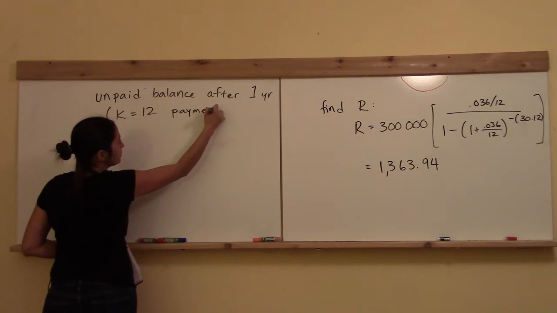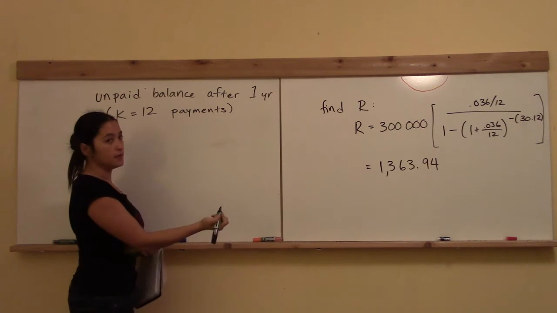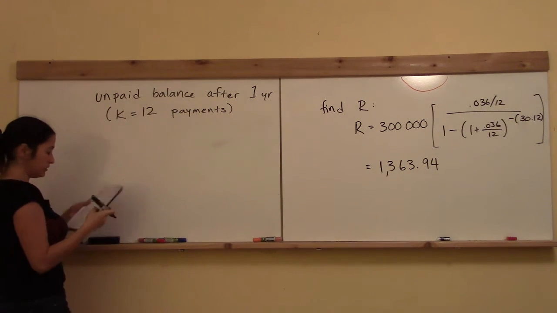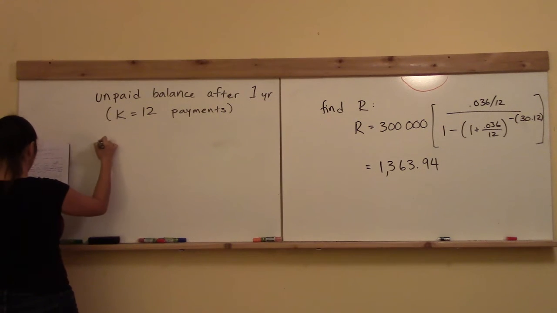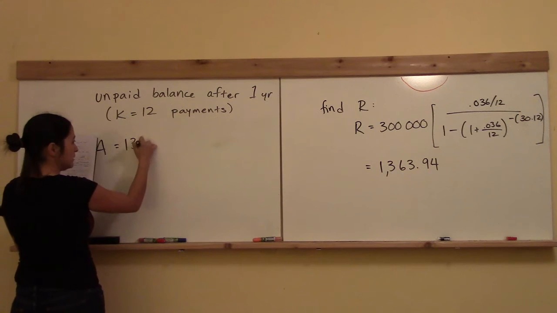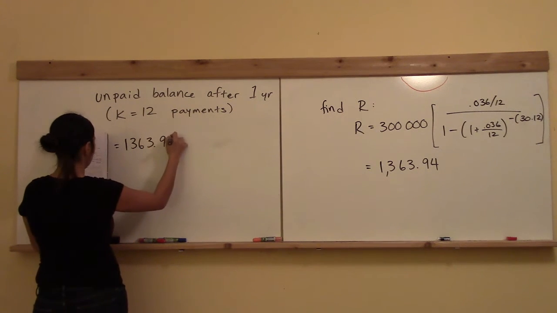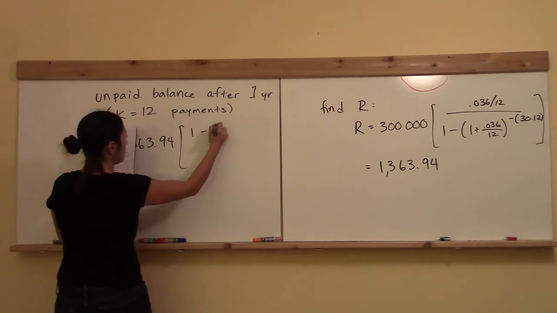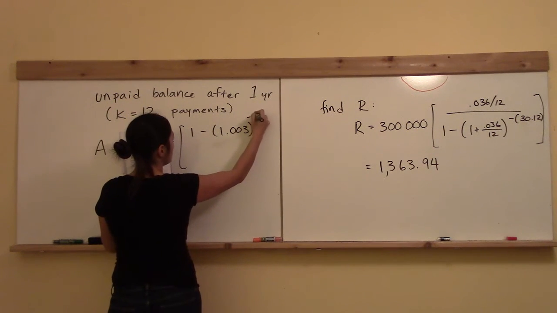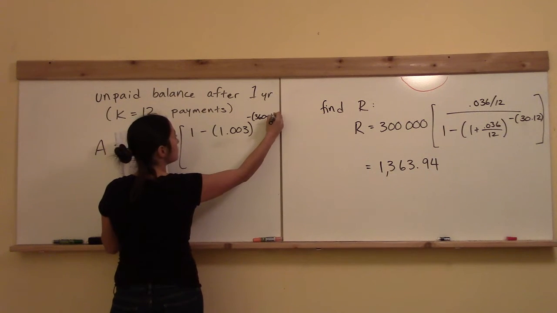K is the number of payments that have been made. Remember, that's in terms of the number of periods, not the number of years. And so for that question, now we're going to have to say A, which is the payoff amount, is the amount that she's been paying every month, multiplied by all that, and that periodic interest rate was 0.003. You probably saw that already while you were trying out the other problem.